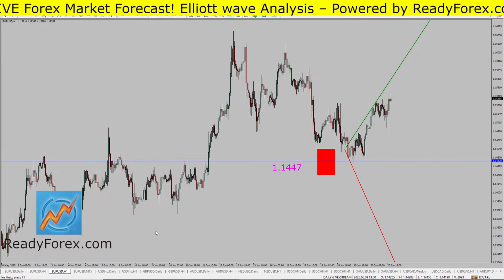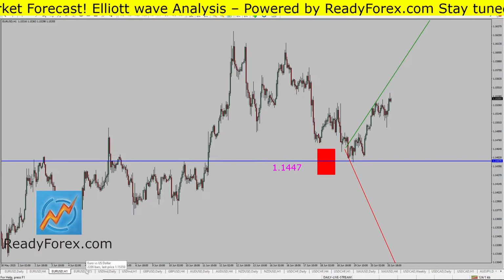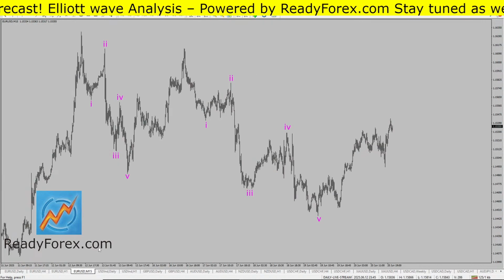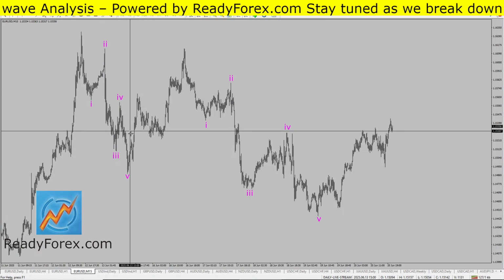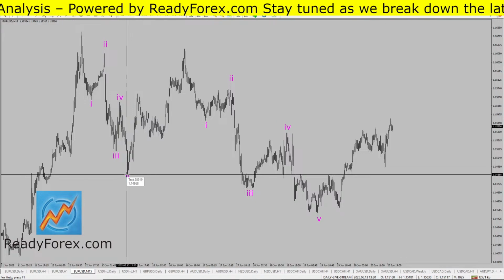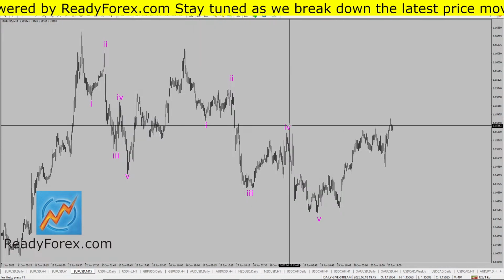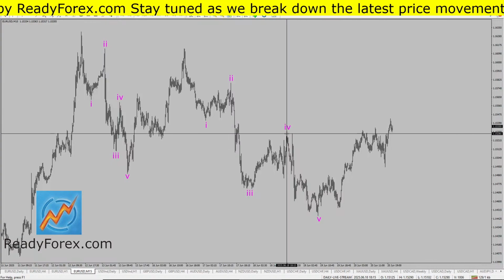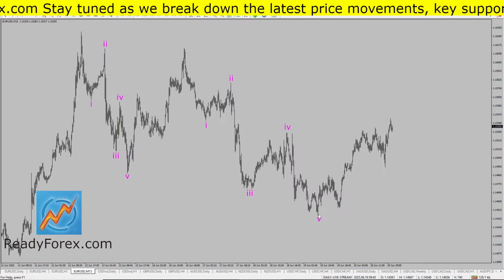Okay, let us take a look at the internal wave structure, or the wave count. We got a 5-wave move, 1, 2, 3, 4, and 5 to the downside, and then we got another 1, 2, 3, 4, and 5 to the downside.